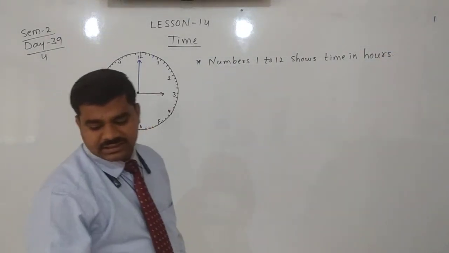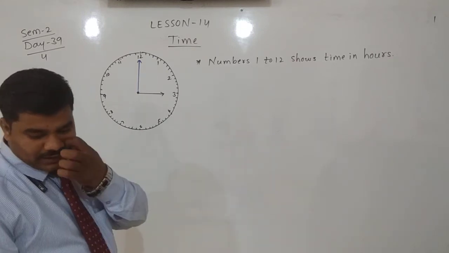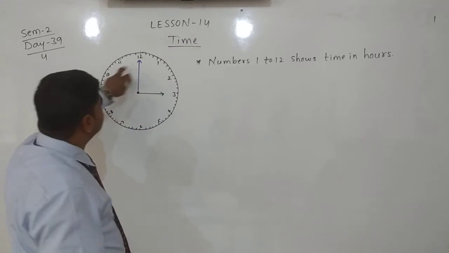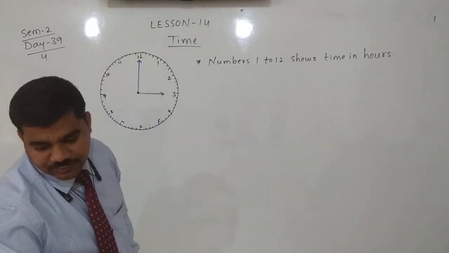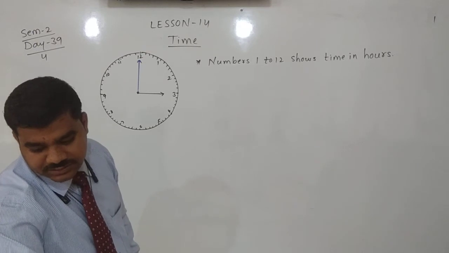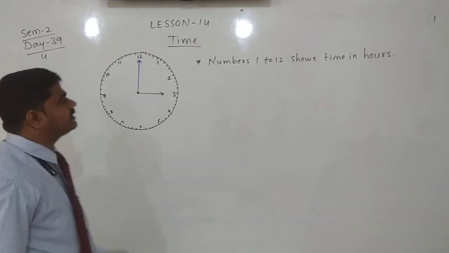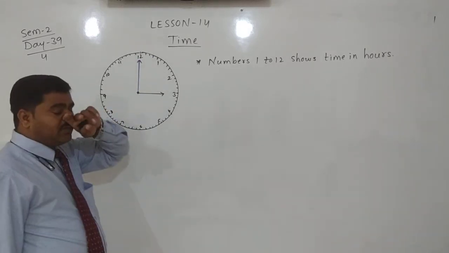And next, there are 60 minute markings on the face of a clock. How many are there? 60 are there. This shows us minutes. Each mark it moves shows a minute. And when the minute hand completes 1 round, it completes 1 hour.